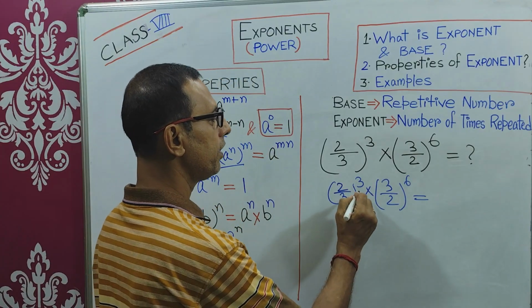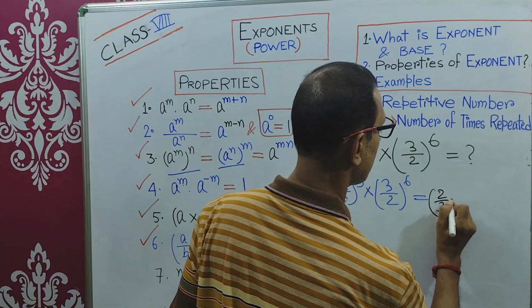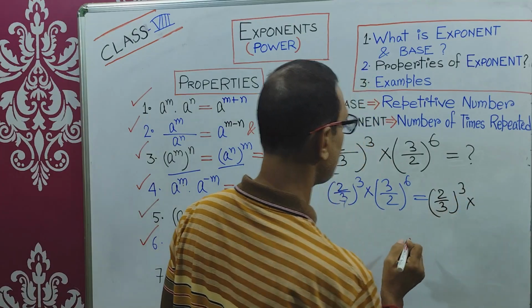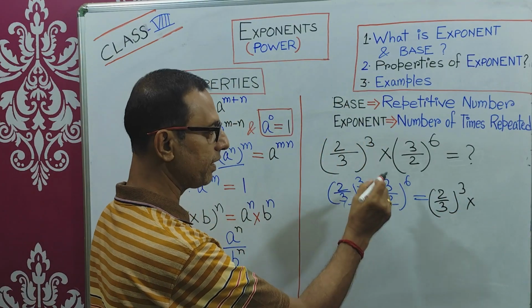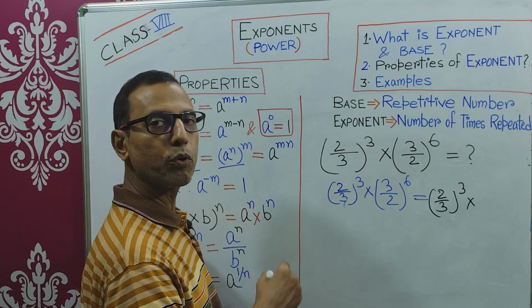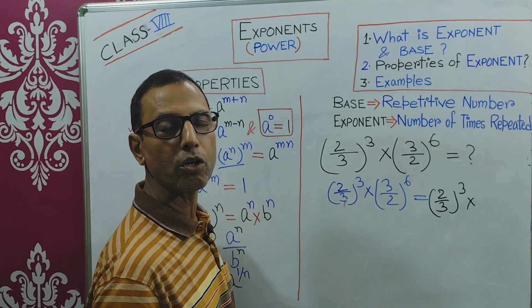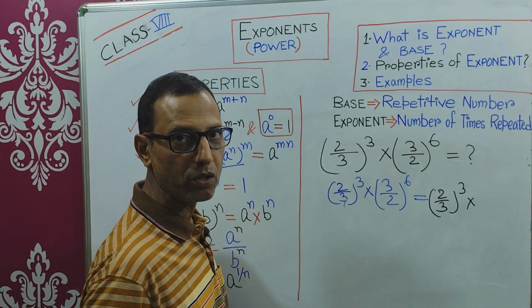So what I am doing here: (2/3) whole cube into (3 by 2) whole to the power 6, you can write as (2/3) whole cube into, if you change the position of the base, automatically the sign of the exponent will change, but the numeral part will remain the same.